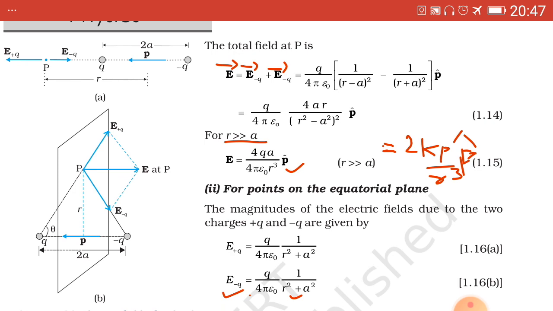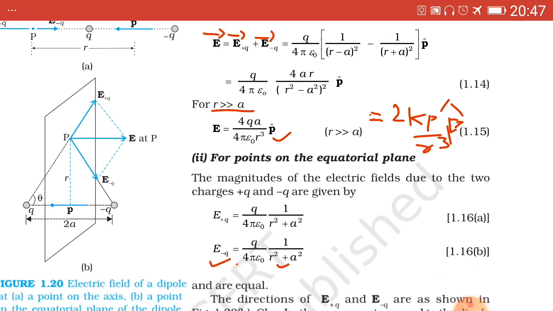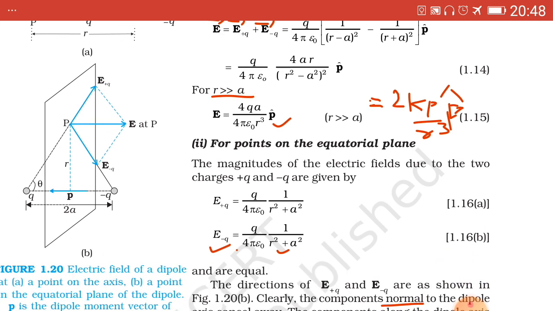Now second case, for points on the equatorial plane, for this the figure B is drawn besides. You have to consider figure B. Now what is equator?